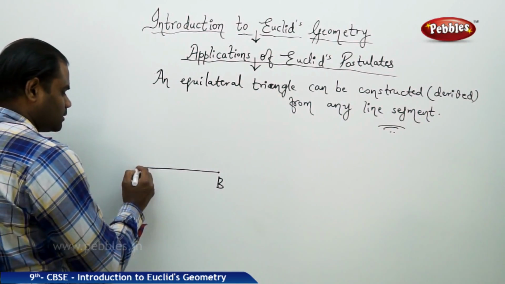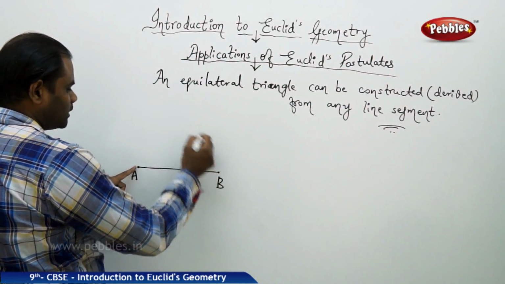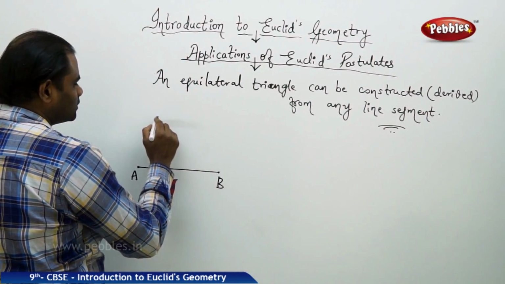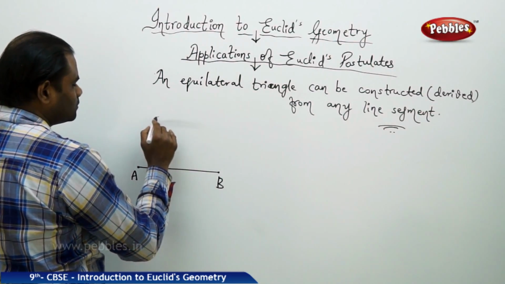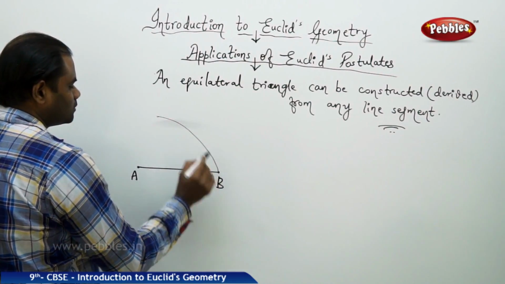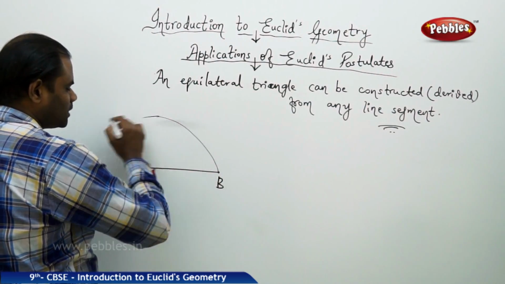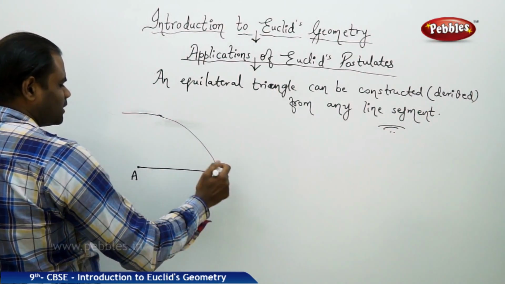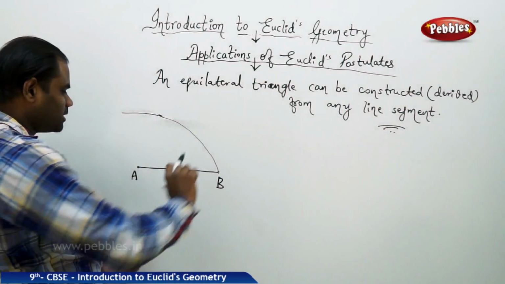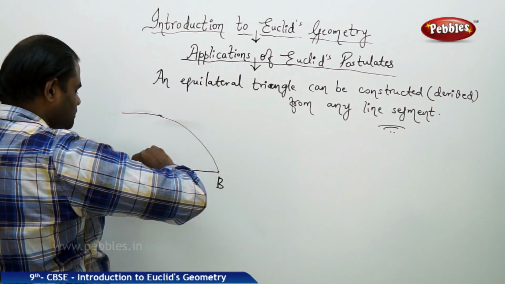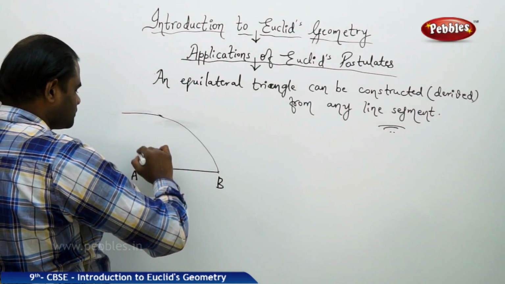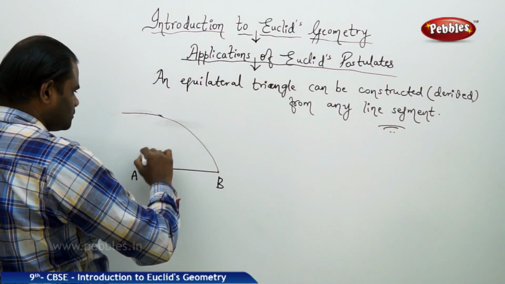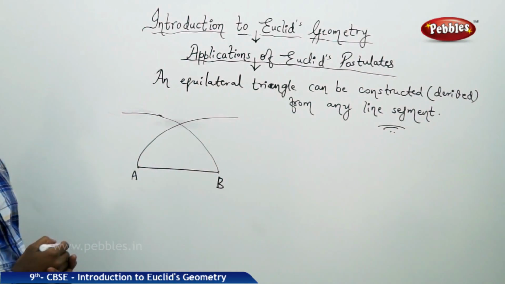Therefore, he took a circle with A as center and AB as radius, cutting an arc. So he has made a circle passing this way. And then with B as the center and AB as the radius, he cut another circle out here.